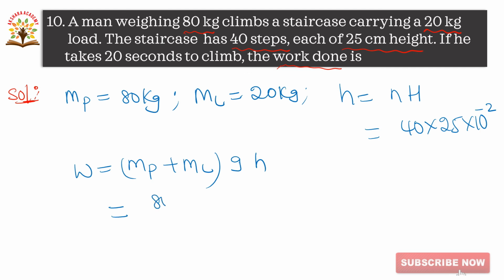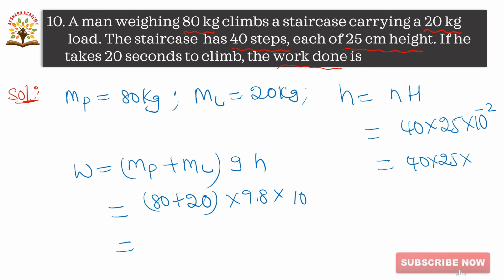Here we are getting total mass 80 plus 20 into g 9.8, and for h, 40 into 25 into 10 to the power of minus 2, that is 10 square, 1 by 100.